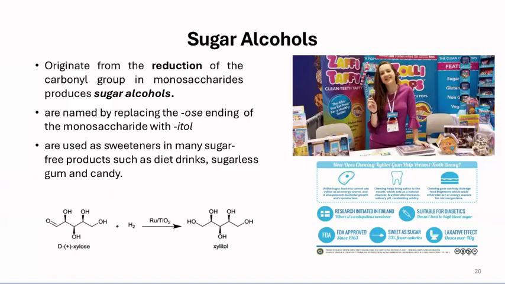Xylitol comes from the monosaccharide xylose. Xylose undergoes a reduction reaction in which you react xylose with H2, with a catalyst, and the aldehyde in xylose turns into a primary alcohol. And that's how we obtain sugar alcohols.